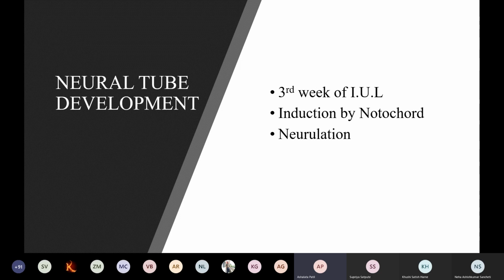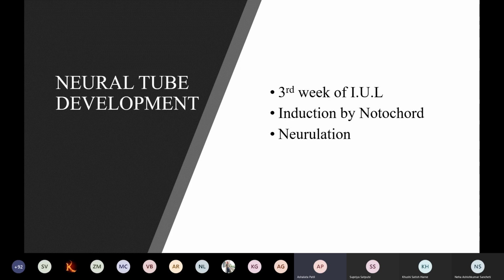The neural tube starts developing by the end of the third week, that is by the 20th or 21st day of intrauterine life. And how is the development induced? Induction is done by the notochord. We have seen it is a mesodermal cord which extends from the primitive knot up to the buccopharyngeal membrane.